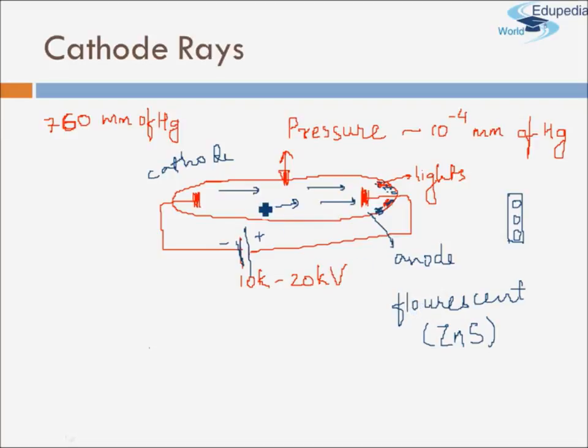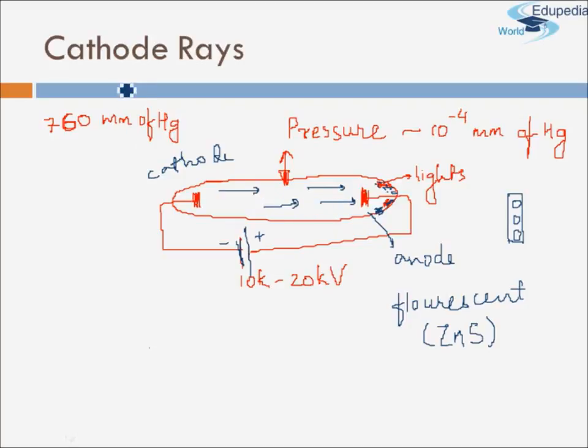They knew that these rays were traveling from the cathode. From the earlier experiments they could see that when the discharge actually started, it always started from here towards the anode. So they knew that these rays were traveling from cathode to anode, but they didn't know the properties of these rays, what they are made up of, what kind of waves or particles might be the constituents of those rays.